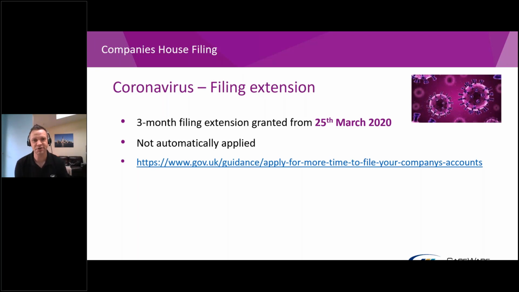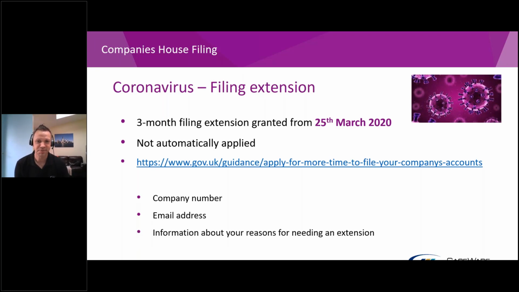There's no phone calls necessary, and according to the details that we've been given, you'll simply need your company number, an email address, contact details, and your information about your reasons for needing an extension, which is obviously going to be fairly self-explanatory in a minute with the current working environment and disruption that this virus is causing. So by all means, go onto the website there if you need to for any of your engagements to claim that extension and avoid any late filing fines.